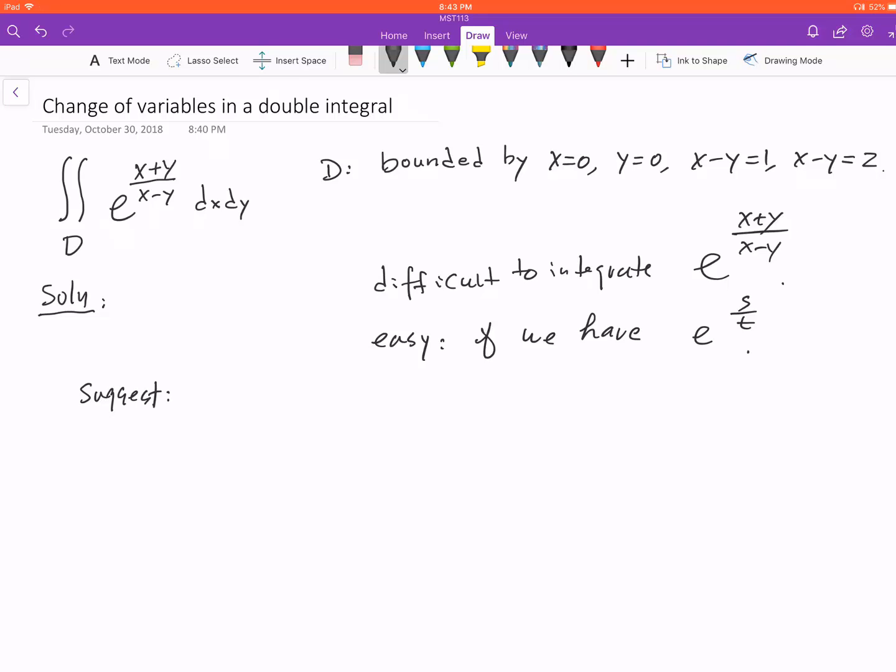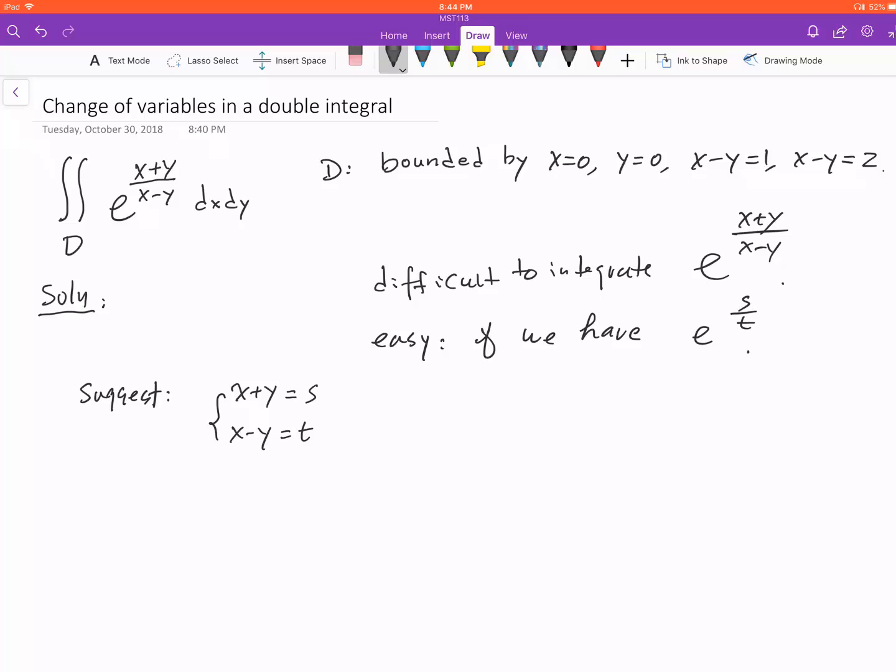We suggest a change of variable: x plus y is equal to s and x minus y is equal to t. Of course, there is no guarantee it can work because it depends also on the domain. For these problems, the domain and also the integrand are specially designed so we can actually solve them easily after making a transformation.